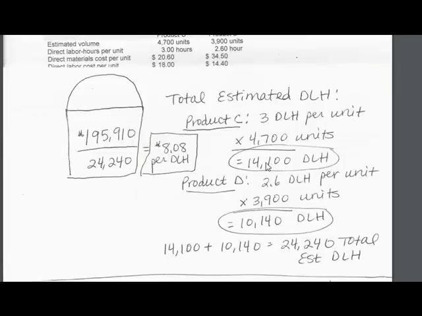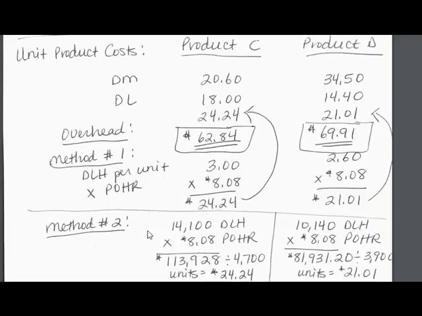Here's where I calculated the number of direct labor hours to make all those units of product C. So if this is the total number of direct labor hours that I'm going to work on product C, if I multiply that number by the POHR, I'm going to get the total amount of overhead allocated to all those units of product C. Then I can divide by the number of units of product C to get my per unit overhead cost.